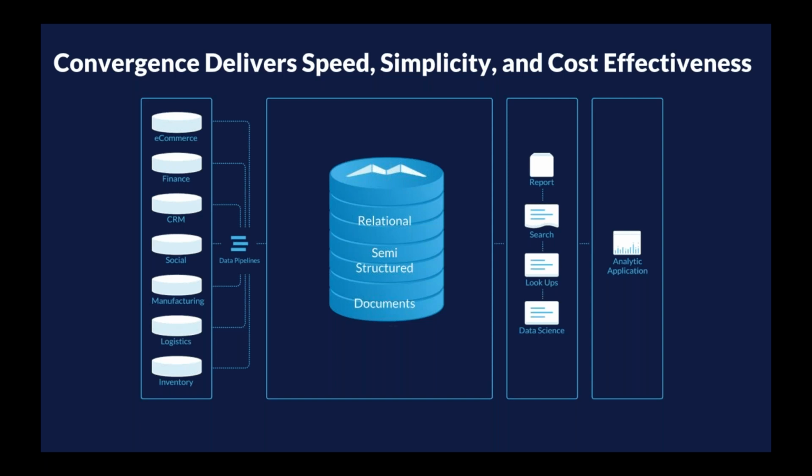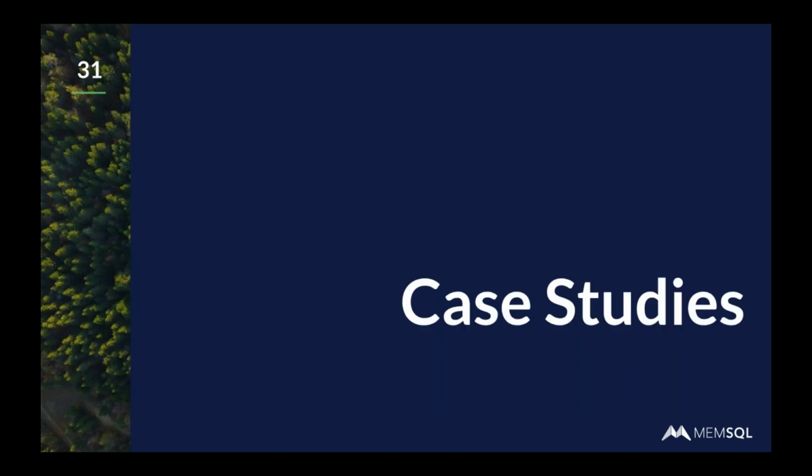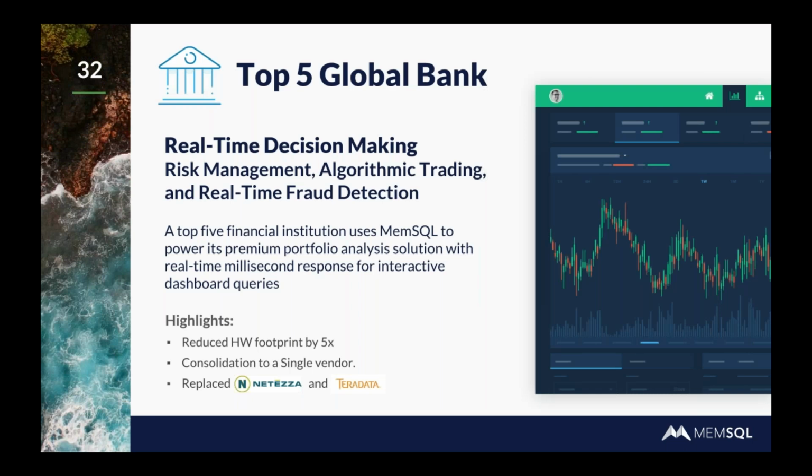And so this is the ultimate architecture, we think, to deliver high performance. So because of this, we think and have seen in our customers that delivering very fast performance at a dramatically lower cost, especially over legacy database providers, is the value add or the benefit of adopting a new HOAP style architecture such as MemSQL.